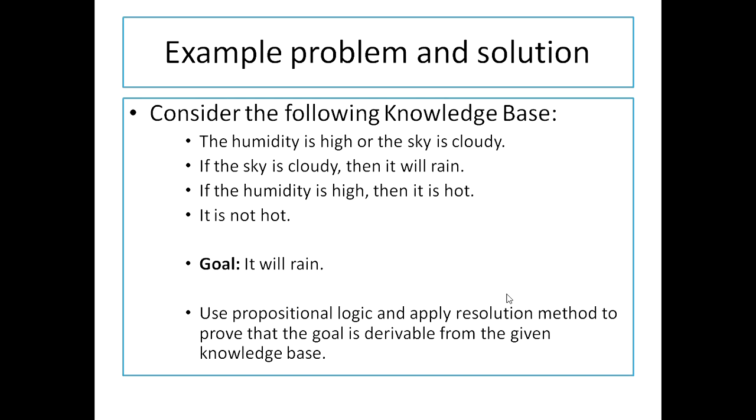Okay. So now let us use propositional logic. We will convert these statements into propositional logic statements, and then we will negate the goal statement. Thirdly, we will apply the resolution inference rule to prove the negated goal statement by relating the necessary clauses.